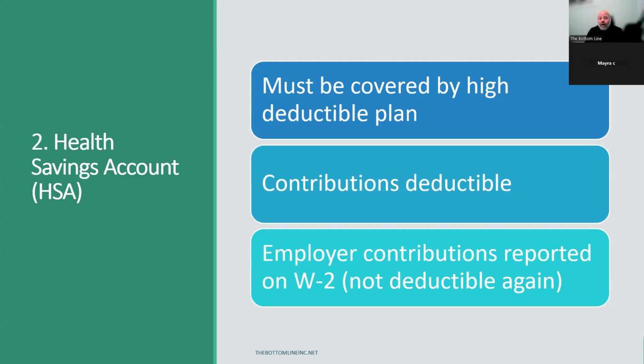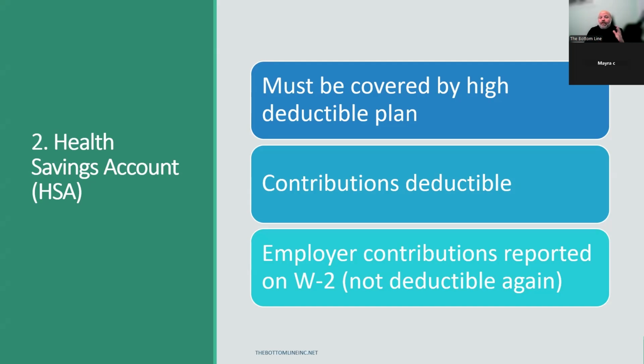Now, if your employer puts that money in, it is reported on your W-2, and we'll see that in box 12 where we have all those letters. Letter W is for HSA contributions. Your employer can reduce your income so it's not taxable on your W-2, so we don't want to double dip here.